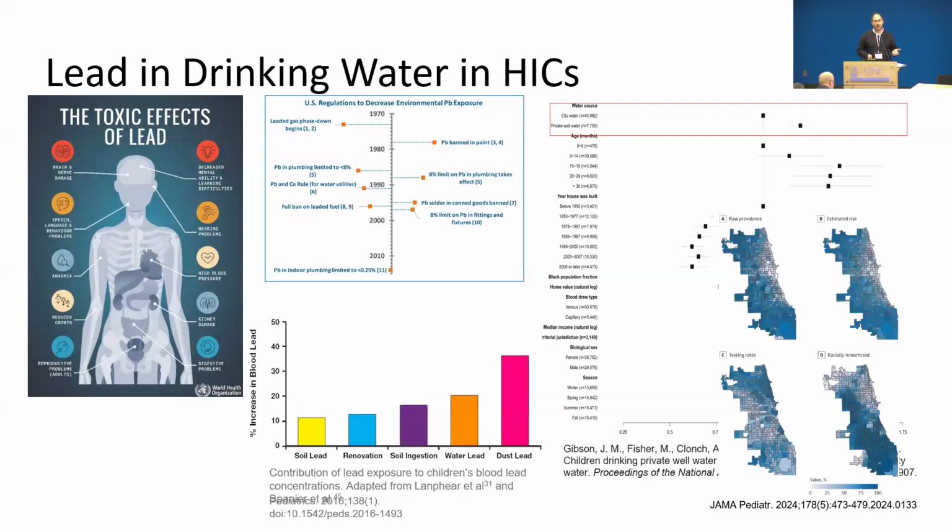So with respect to toxic effects of lead in drinking water, these have been well understood for a long time, both in terms of cardiovascular outcomes affecting people at all stages of the life course, but also maybe most critically, neurodevelopmental and cognitive impairment that particularly affect vulnerable life stages, infants and developing fetuses, and can contribute to irreversible lifelong burden of disease, even at very low levels of lead exposure.